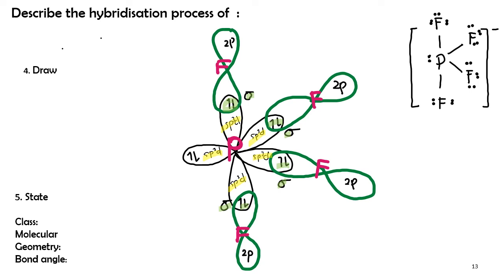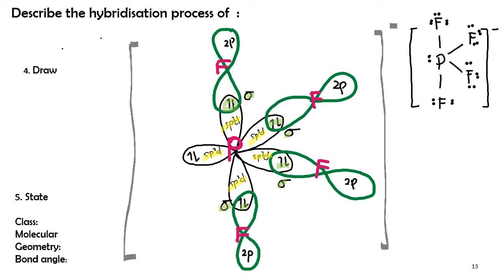And label the atoms, phosphorus and fluorine. Okay, and for this case, don't forget to write the bracket, because you have the charge. Okay, so draw a big bracket here, and then assign the charge.